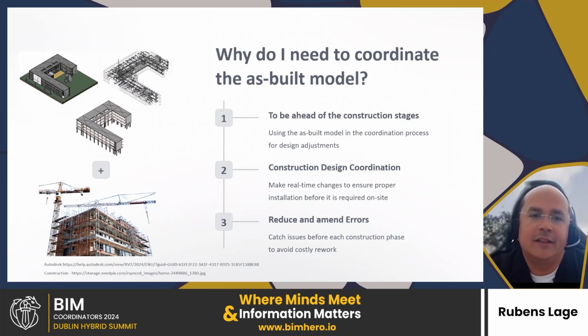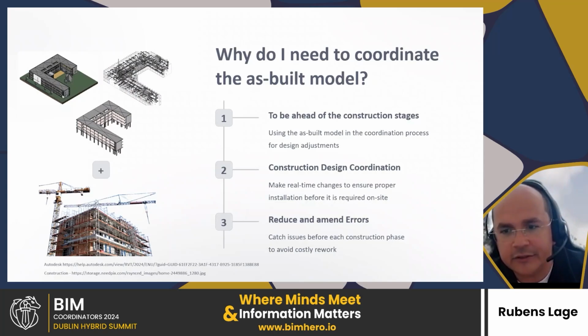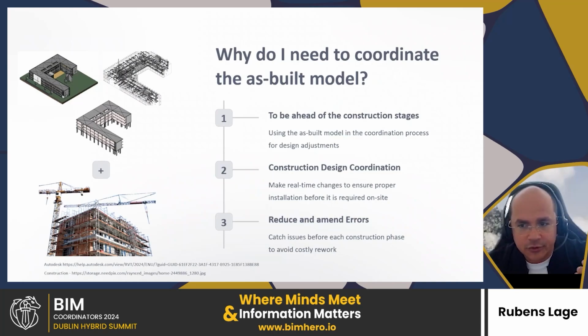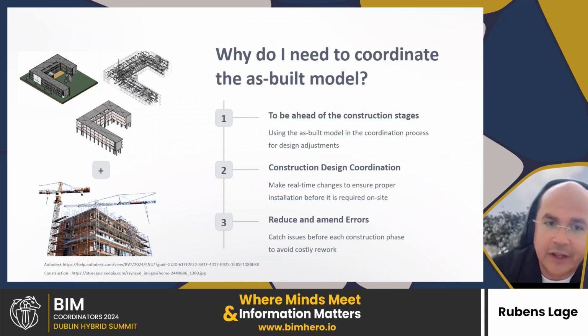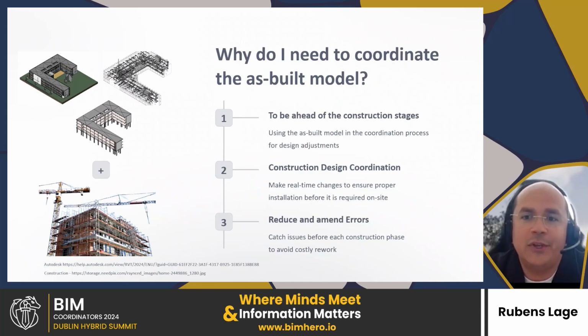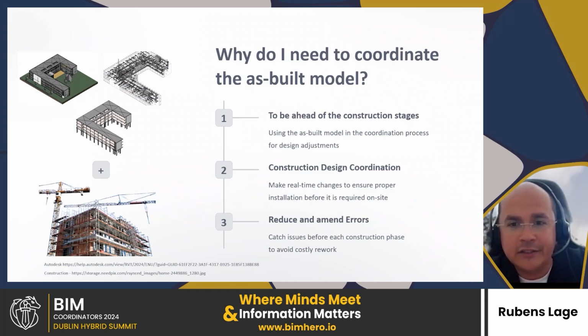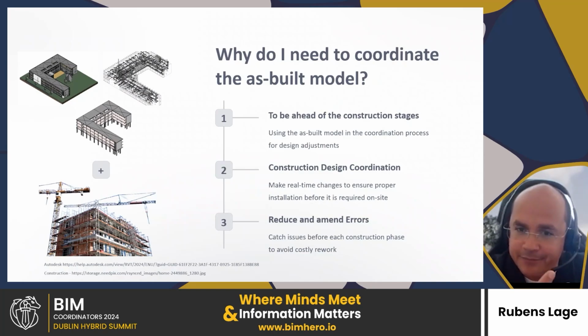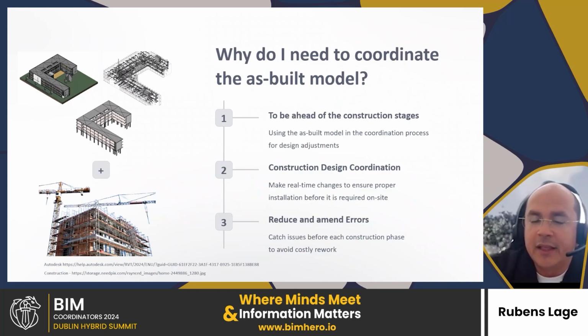That's why we need to be ahead of the construction stages. We need to do construction design coordination. I know you say, "Oh, but I already finished my design." Yes, but we need to keep adjusting because reality is different. And we need to reduce and amend errors.